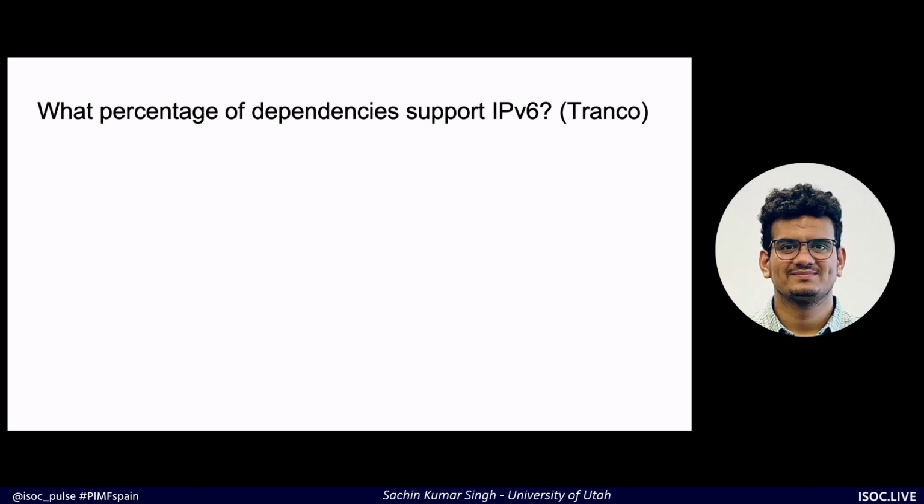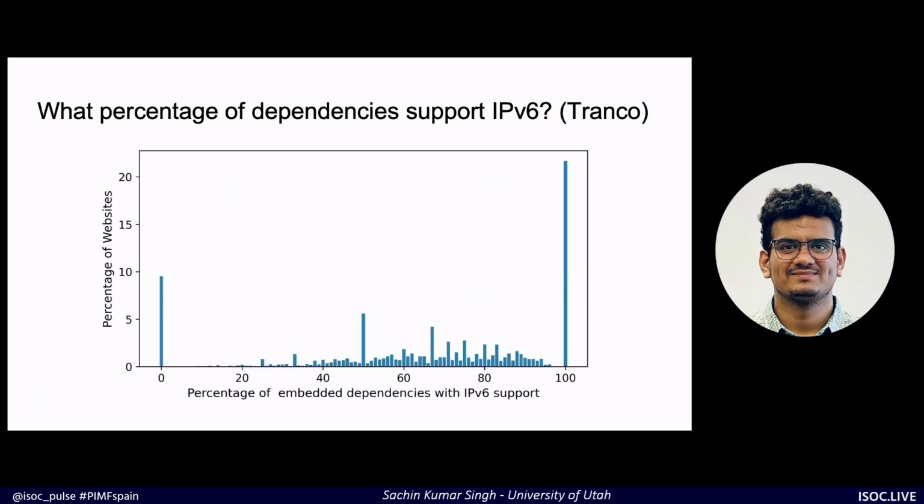The previous plot showed us what percentage of the website set supports IPv6, but now we'll talk about the dependencies. This plot on the x-axis shows the percentage of embedded dependencies that support IPv6, and the y-axis shows the percentage of websites. You can see many clusters around 0 and 100.